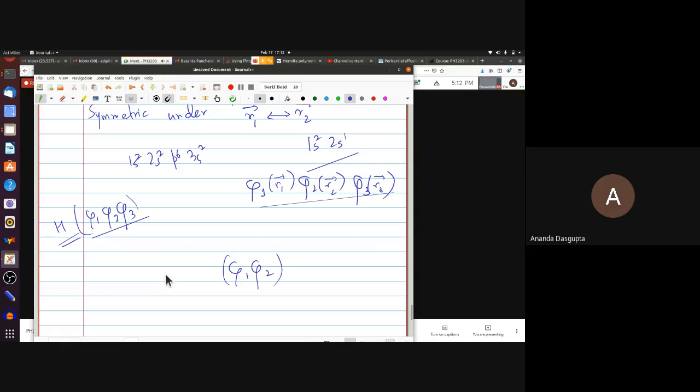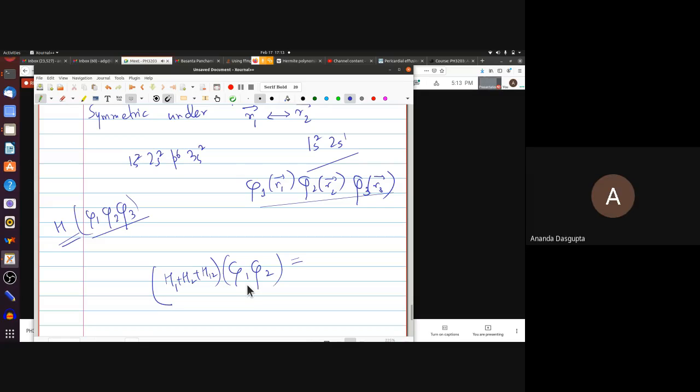And H was H1 plus H2 plus H12. Will it be possible to have this as an eigenfunction? No, sir. It is in general not, but we can assume it is close to that.